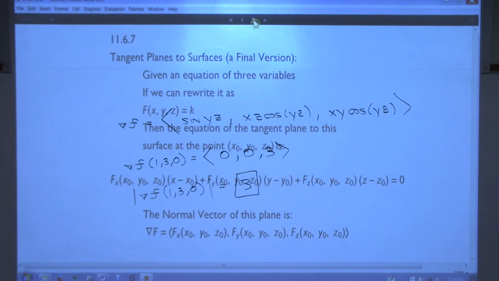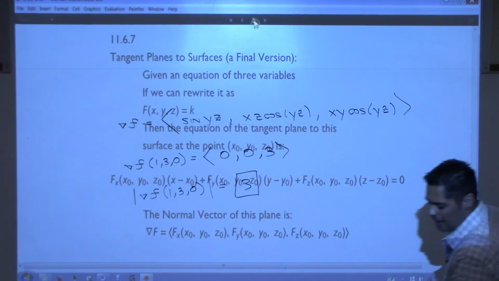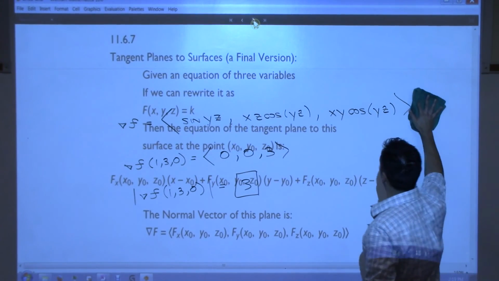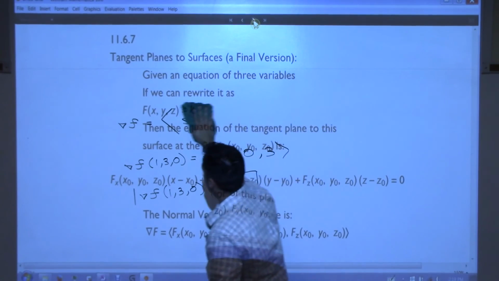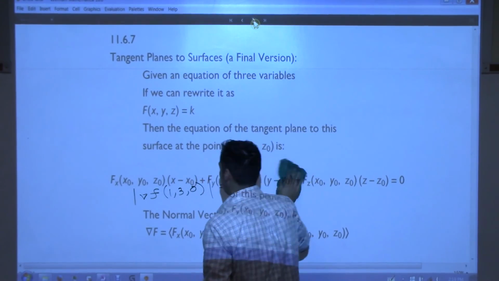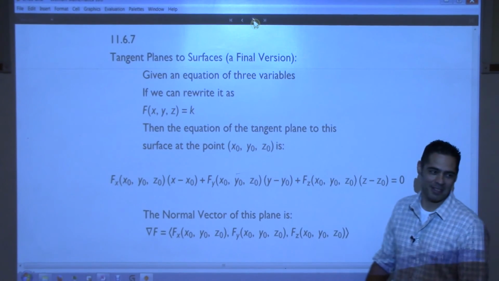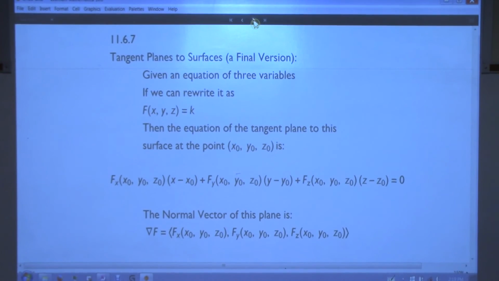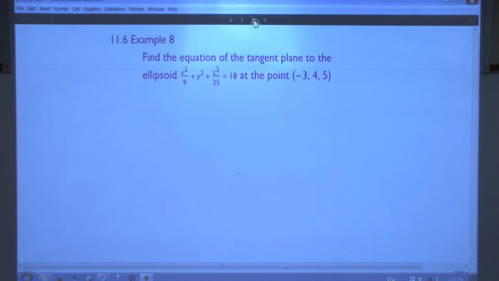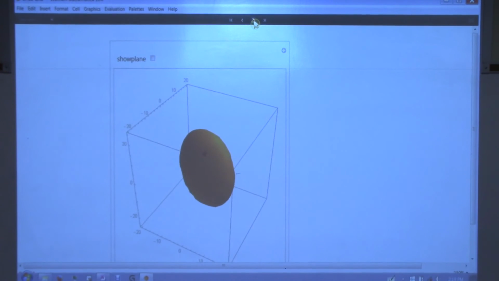All right, so tangent planes to surfaces. This is the last part of this section. We've been exposed to the concept of the tangent plane. I'll remind you since it's been a while.